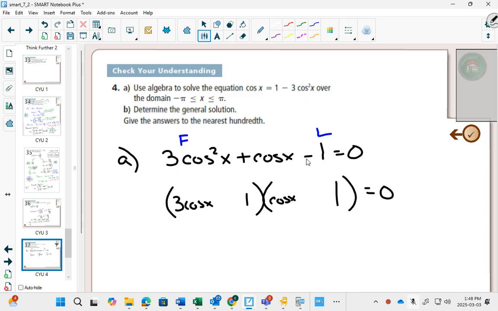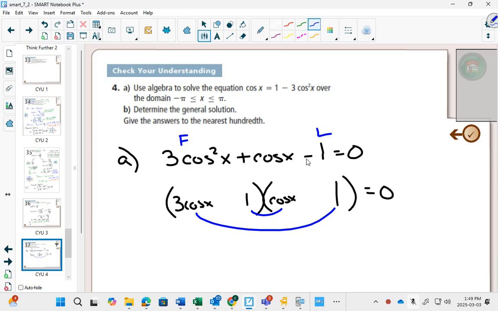If this was factorable, this is the easiest one. We've had no options. All we have to decide is positives and negatives. And I need my outside and my inside to make 1. Can you see my outside is 3? My inside is 1. 3 plus 1 is 4. 3 minus 1 is 2.